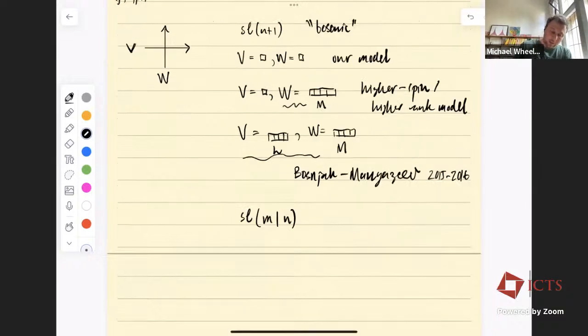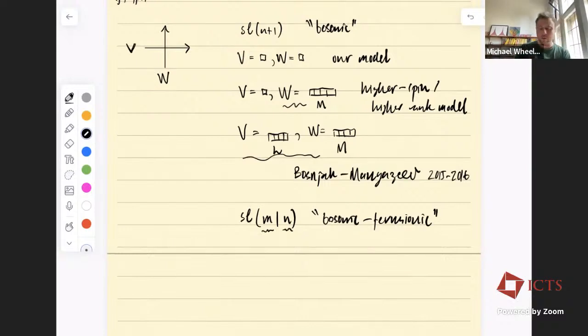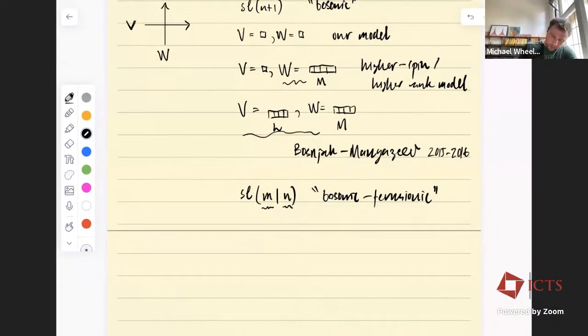But these models you have here are of mixed, say, bosonic and fermionic nature. So basically the first index here is telling you the number of bosons that you have, and this is telling you the number of fermions that you have.